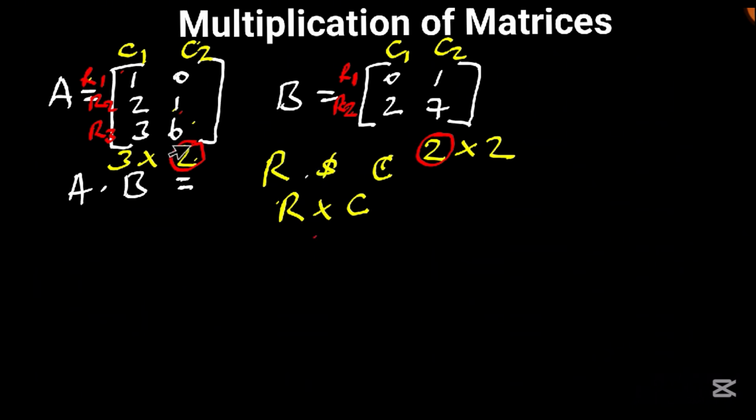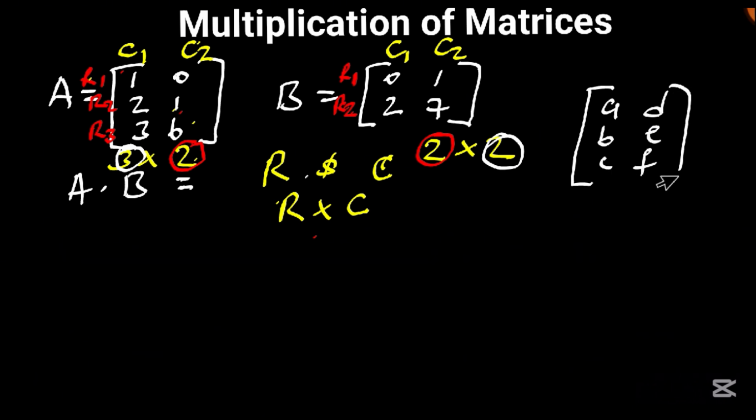The resulting matrix is going to have the order, or size, of 3 by 2. So when we multiply these two matrices, we are going to have a matrix that looks like this: A, B, C, D, E, and F. This is a matrix of 3 rows by 2 columns.